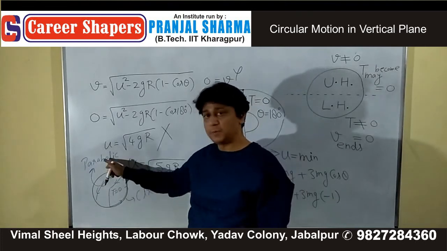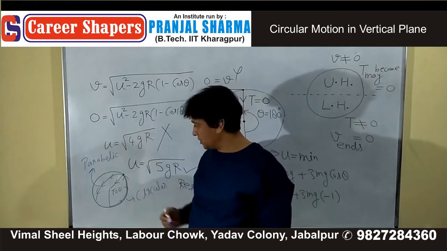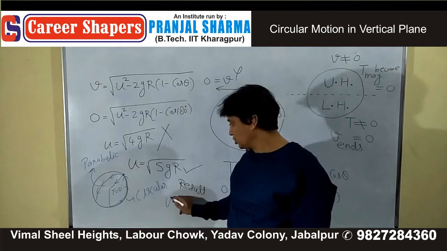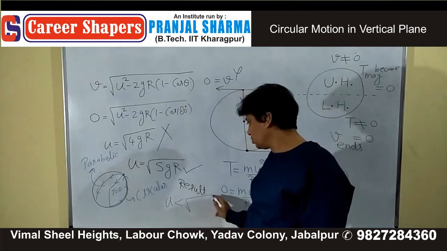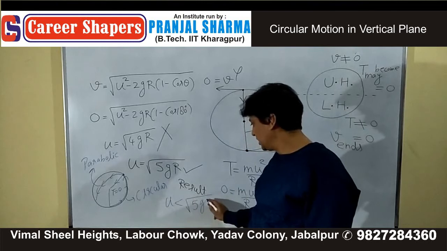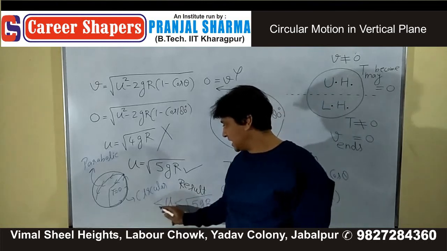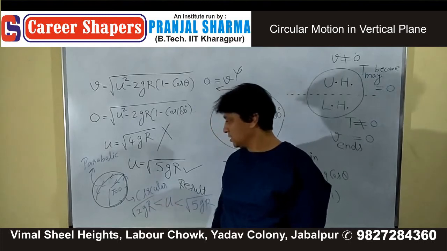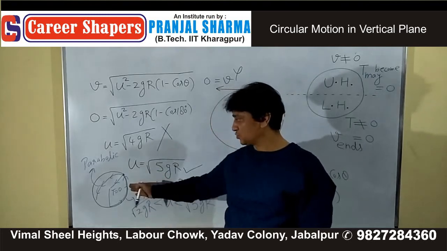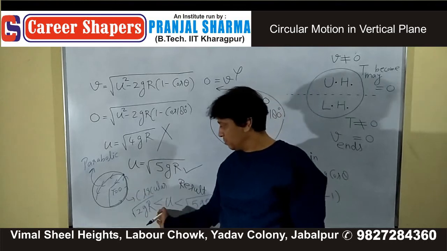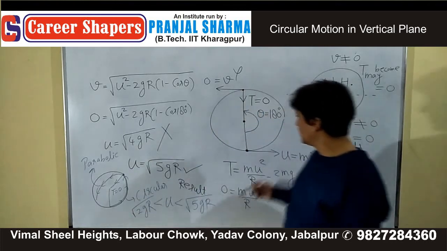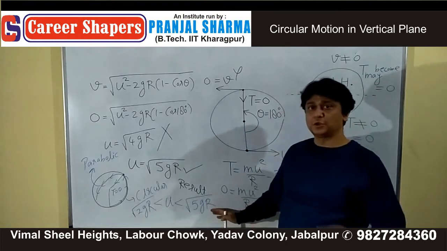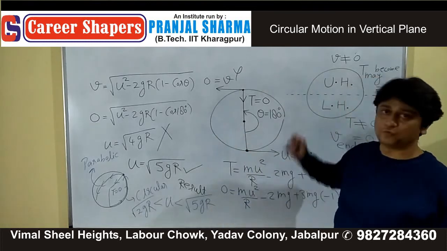But after that it is parabolic, because only mg is acting, T is gone. This happens when your u is less than root 5 gr and greater than root 2 gr. Between these two boundaries, that's what happens. Before that, you already know, it remains in the lower half. After this, it's able to complete the full circle.